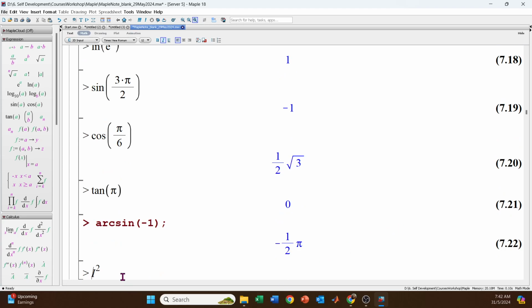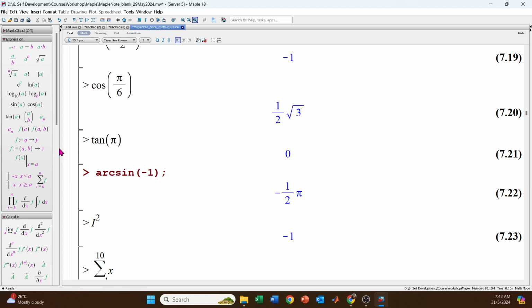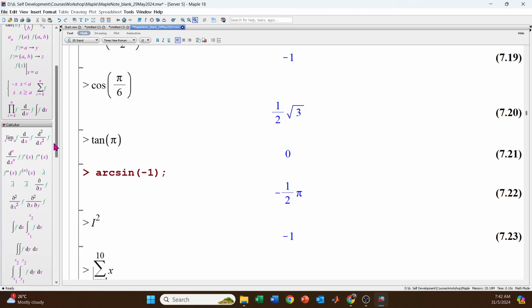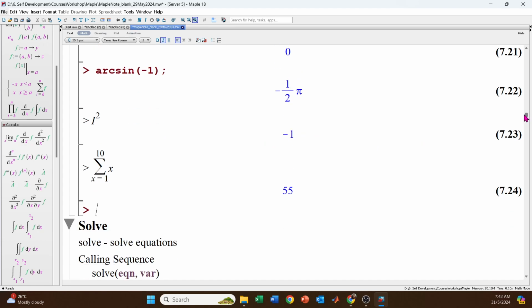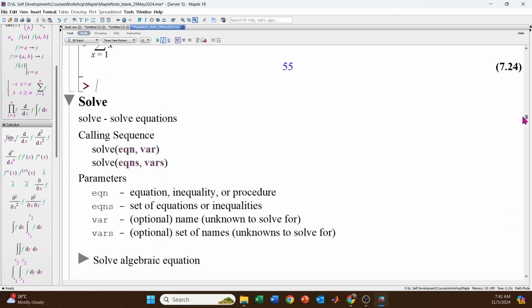Okay, capital I is an imaginary number, I squared is negative 1. To do the series, use this template, and then the solve command, okay, the solve command solves the equation, a single equation or a system of equations.